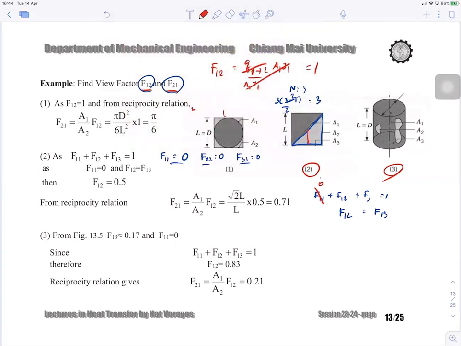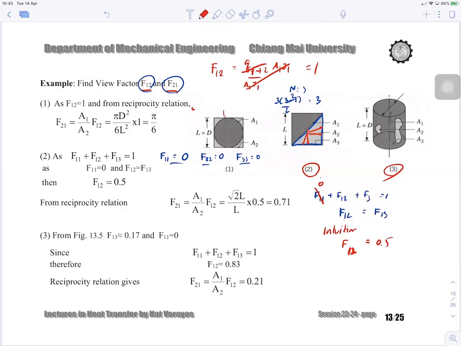Heat from here is going to be divided to A2 and A3. So by intuition, F13 and F12 are going to be equal to 0.5.